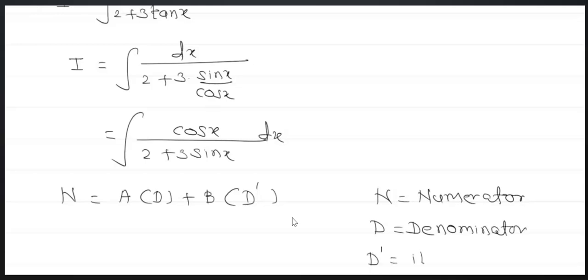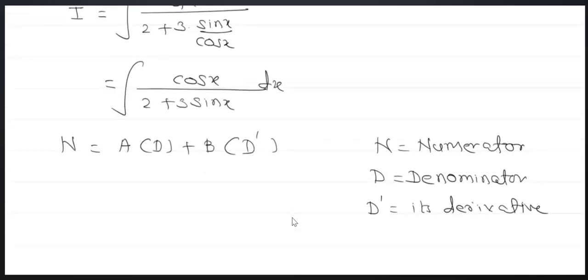Now what is the numerator here? The numerator is cos x. Cos x is equal to a into denominator.